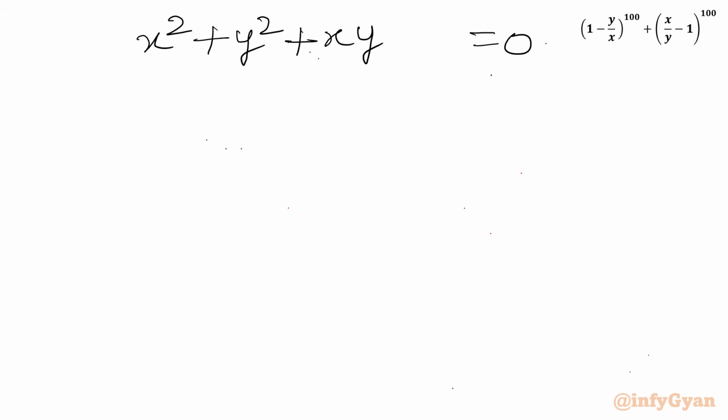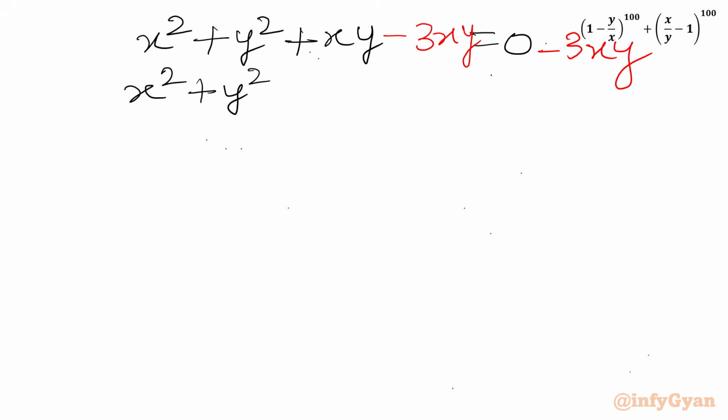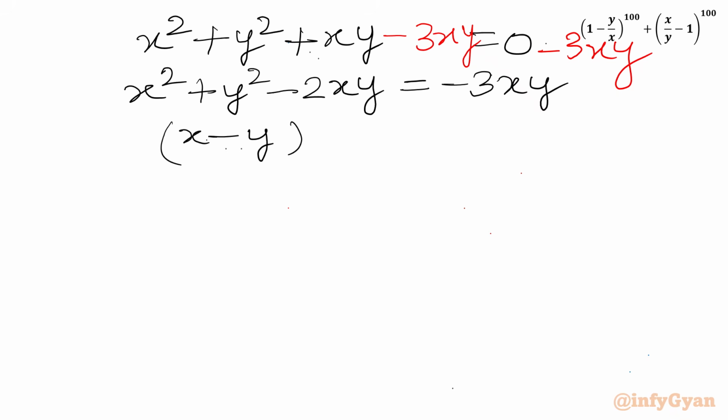Now I will subtract 3xy from both sides. Minus 3xy, minus 3xy. So we will get LHS x square plus y square minus 2xy, and this will be equal to minus 3xy, or I can write (x minus y) whole square equal to minus 3 times xy.